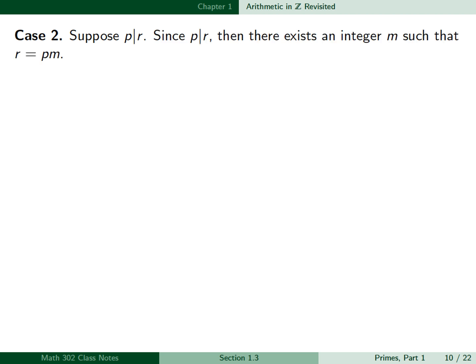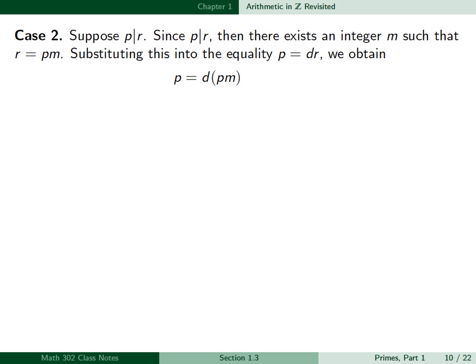Now for case 2, we're going to suppose that P divides R. Since P divides R, there exists an integer m such that R is equal to Pm. Substituting this into the equality P equals dr, we obtain P equals d times Pm, which is P times dm. And again, we have a common factor of P on both sides, so canceling P from both sides, we obtain dm equals 1.